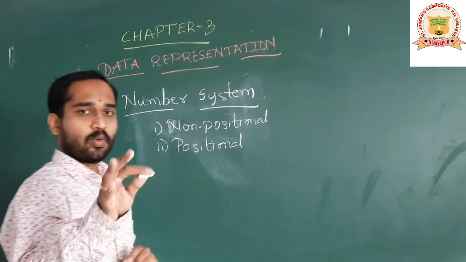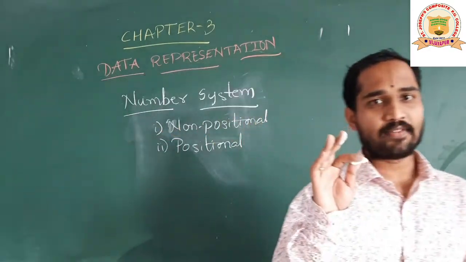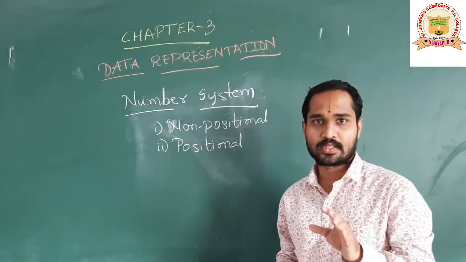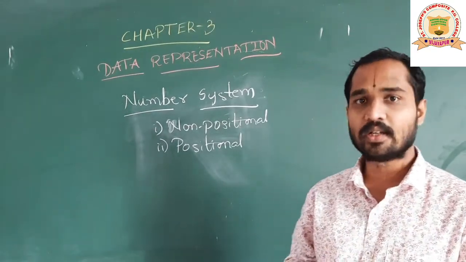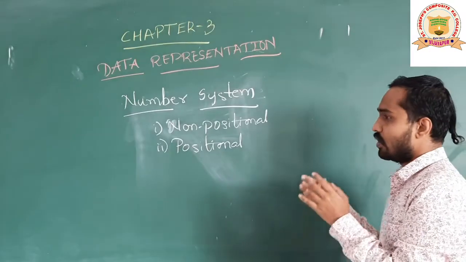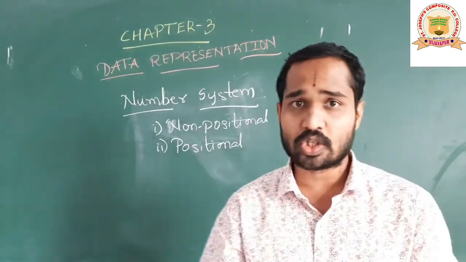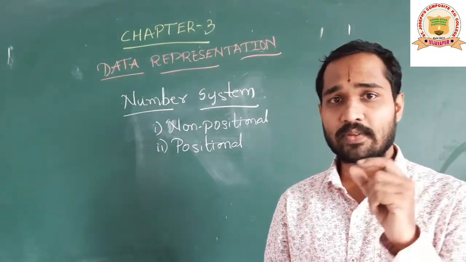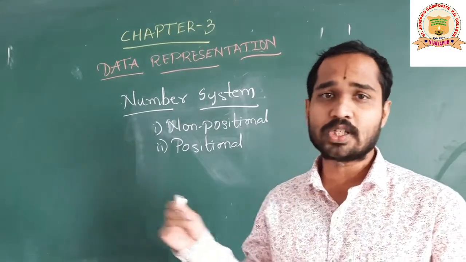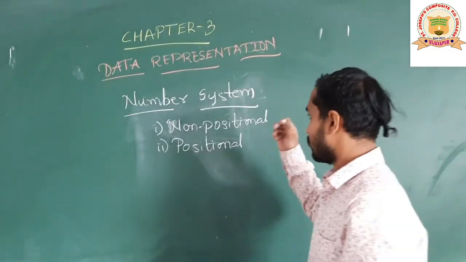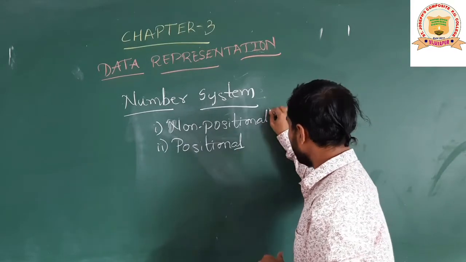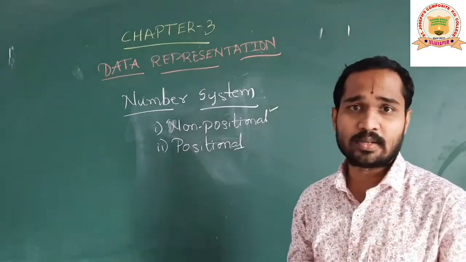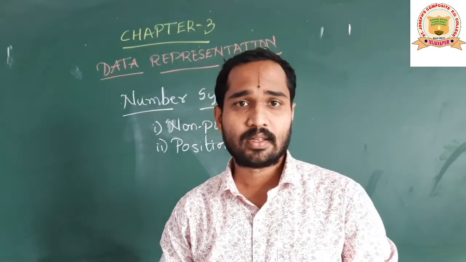Now, what is position? You all have studied it in your primary classes: units, tens, hundreds, thousands. These are the positions, correct? Whatever we represent with weightage or position is the positional number system. But earlier to what we use today, the non-positional number system was in existence.